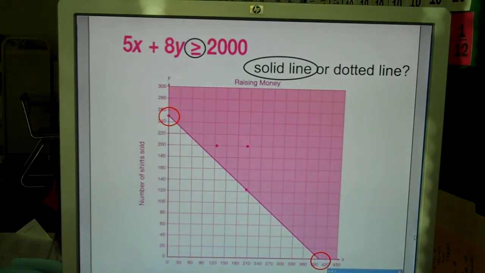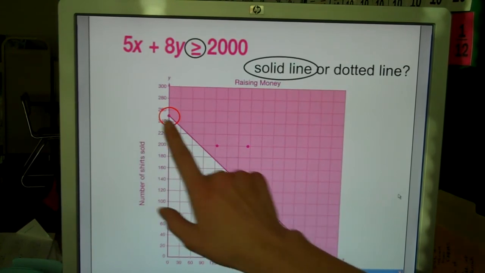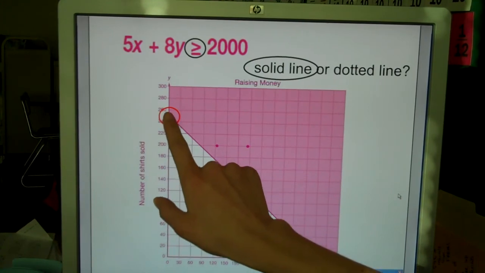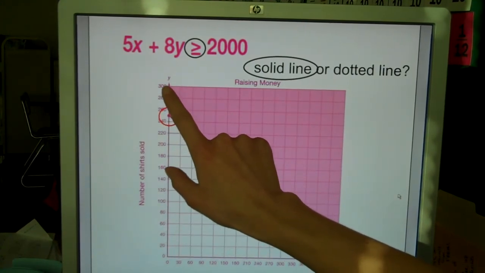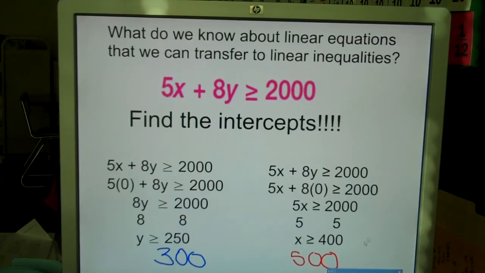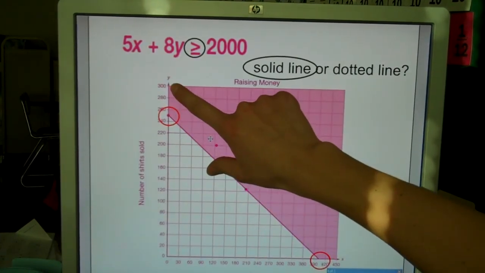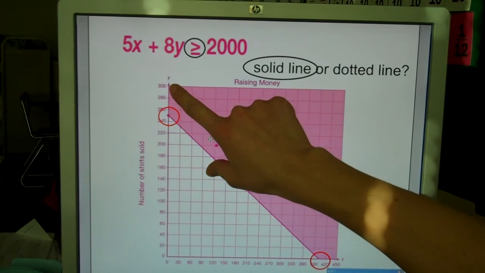So let me show you what the final product looks like. Here it is. Look at that. I have my intercepts, my y-intercept and my x-intercept. I have a solid line connecting the two. And look at this. I said y could be 300. Recall that? Look, y could equal 300. Go here. Is y equals 300 shaded in? Could that be a solution?